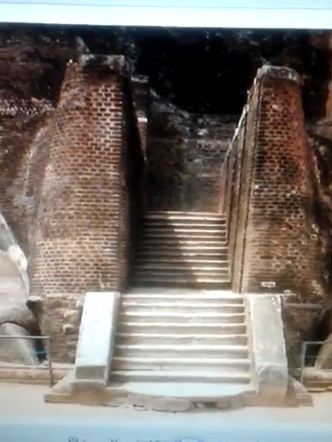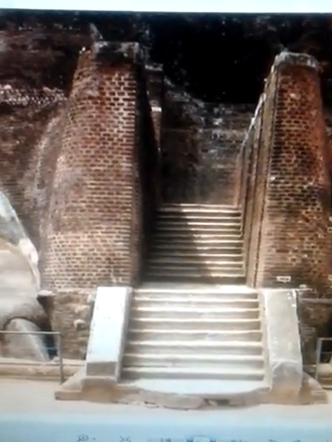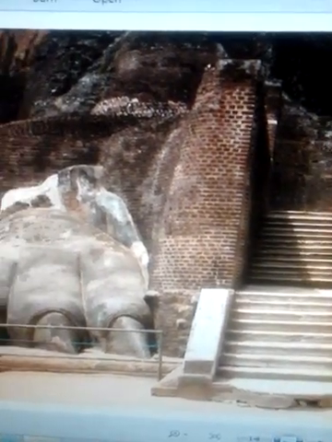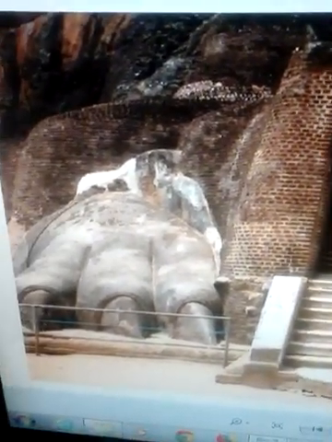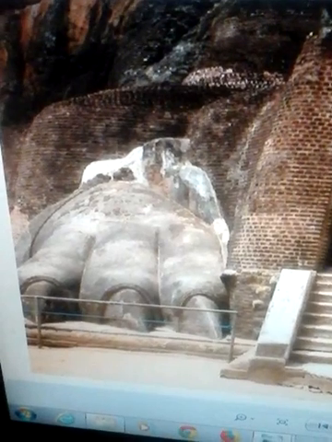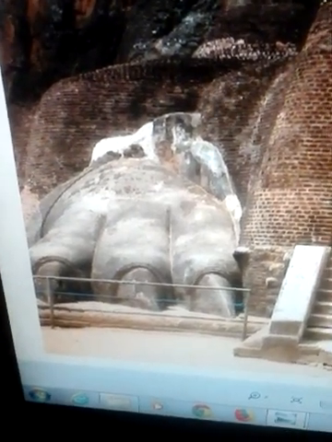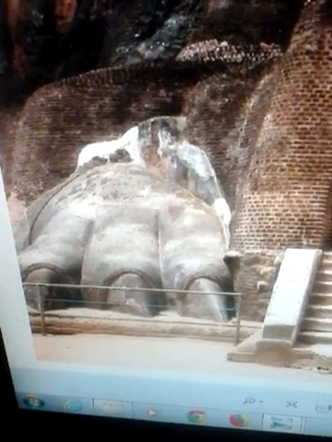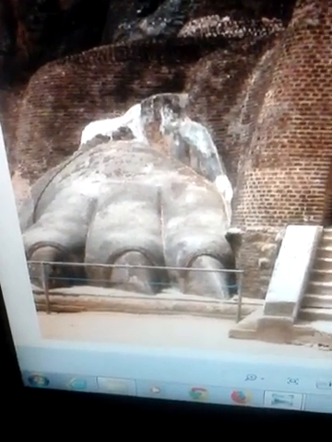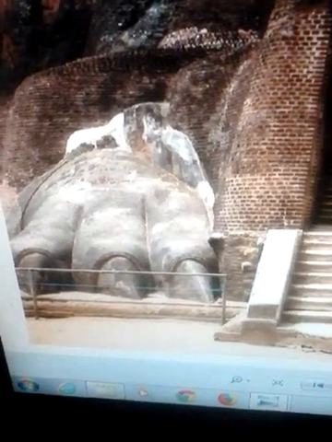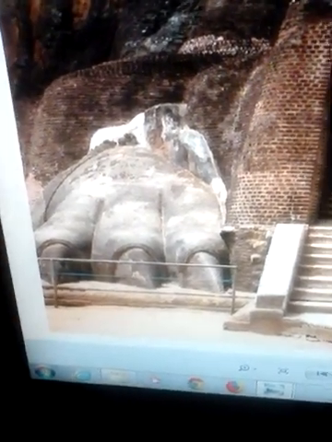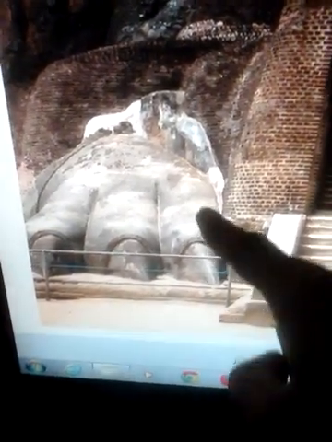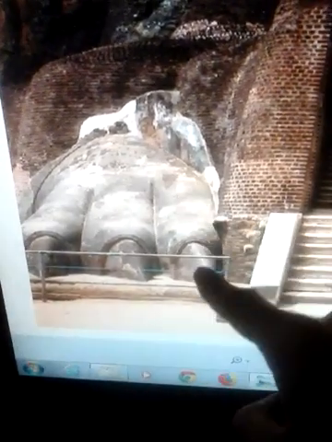And also, it is a popular belief that the lion's paw actually represents an eagle paw rather than a lion paw. I agree with that concept. And also, I have discovered those eagle paws have 4 fingers.